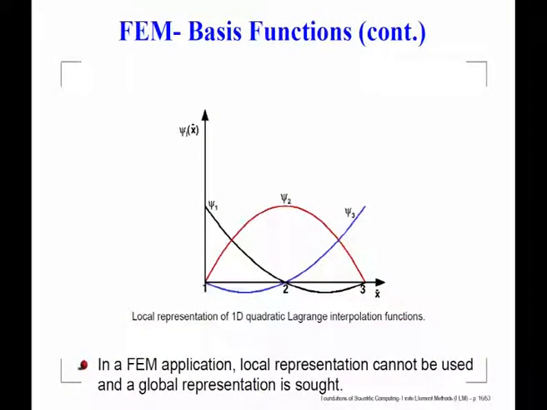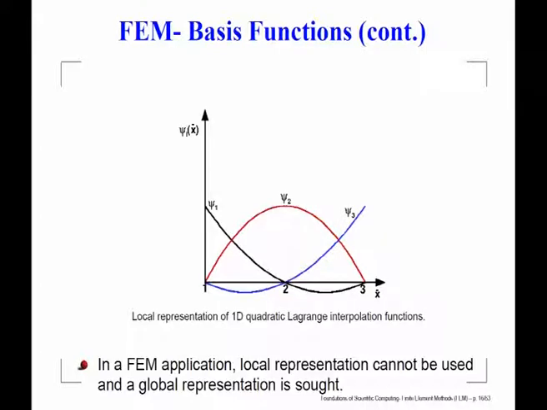Psi1 is the one that starts off with the value 1 at x equal to x1 or x bar equal to 0, and then the property of Lagrange interpolation, right, is that it should be like a delta function. So, at the node concerned, this is going to be 1, everywhere else it should be 0. That is what you are seeing, right. So, at x1 psi1 is 1, at x2 and x3 psi1 is 0, and that is exactly what we are seeing, that it has a quadratic dependence, but it crosses through 0 at 2 and 3.